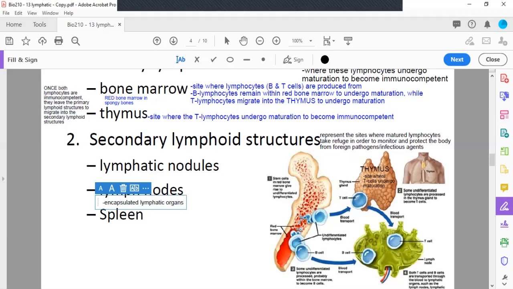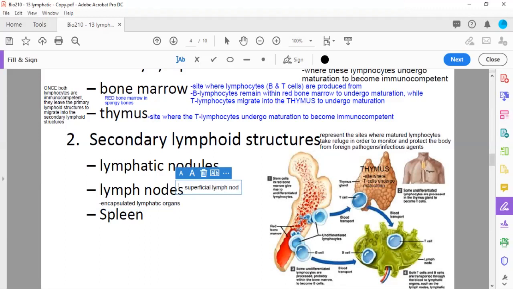So we have superficial lymph nodes, we have deep lymph nodes. There are different types of lymph nodes. We have what's called superficial lymph nodes. Lymph nodes accompany organs.